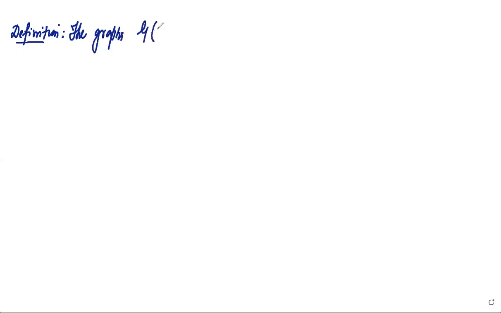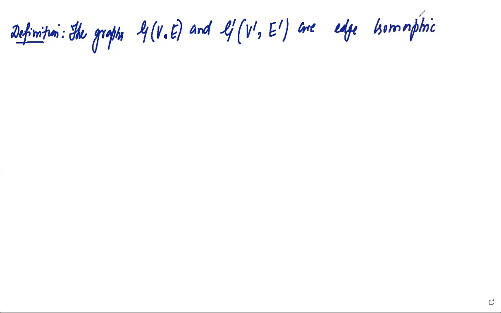Suppose G with vertex set V and edge set E, and suppose the graph G dash with vertex set V dash and edge set E dash are edge isomorphic if there exists a bijection.